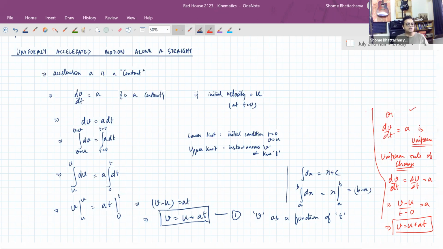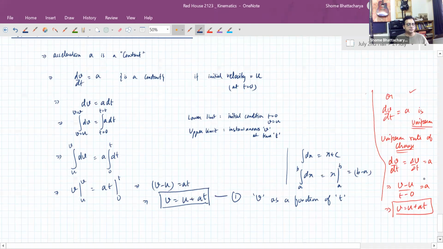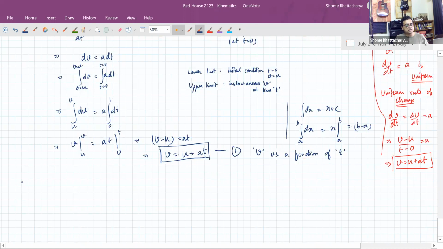Now, next thing, we want to find the displacement as a function of time. So that is where our application of calculus becomes compulsory. So now, next, since v is equal to ds by dt, here ds by dt is U plus AT.